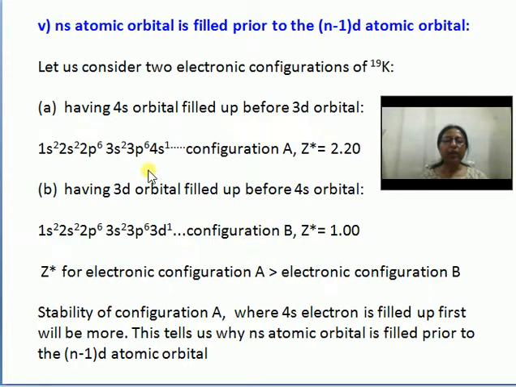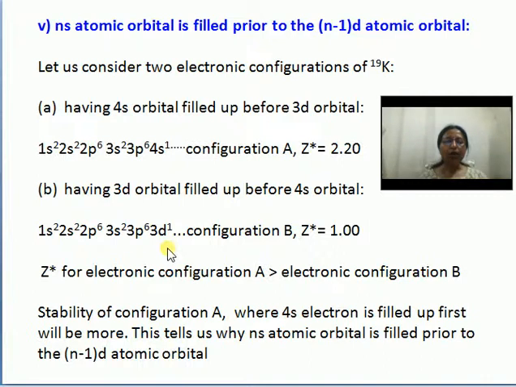So if we put the electron in the 4s orbital, Z star is more, so the stability of this electronic configuration will be more. The atom will be stable when we put the electron in the ns orbital instead of the n-1 d orbital. This is a very good example where we can apply Slater's rule and show that the electronic configuration which we write considering the energy rules is actually right.